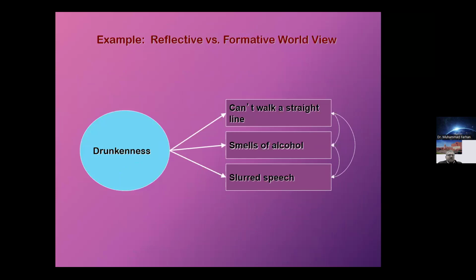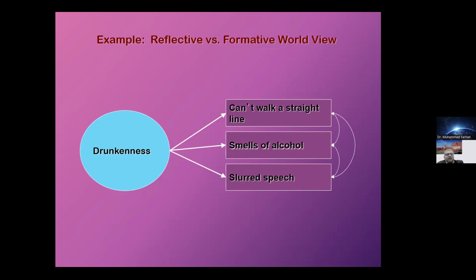See, here is an example. Drunkenness is something which is a state. It's a latent variable and reflected through three different indicators. One is saying, I cannot walk a straight line because somebody is drunk. So this drunkenness is causing something which is visible, that the person is unable to walk a straight line.